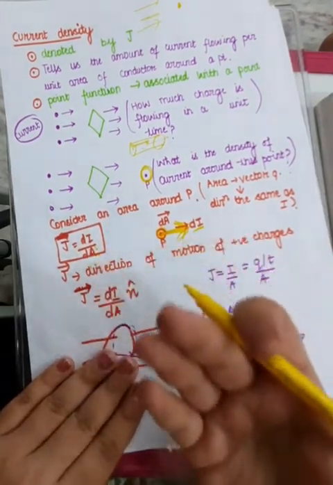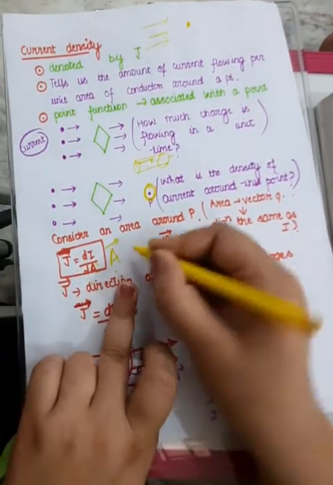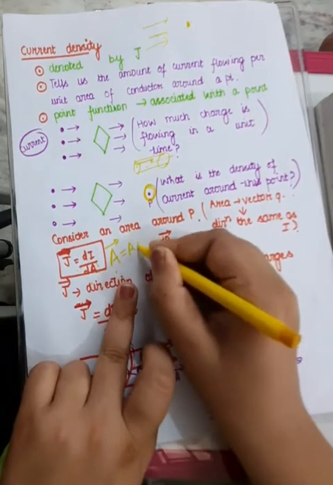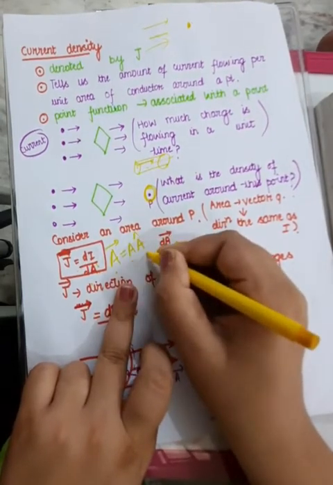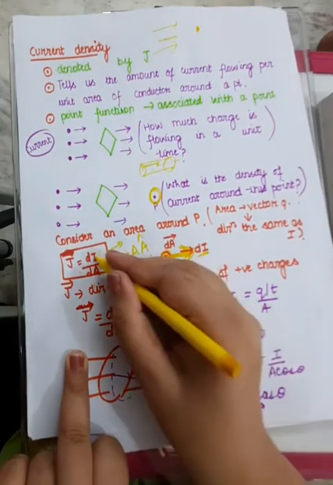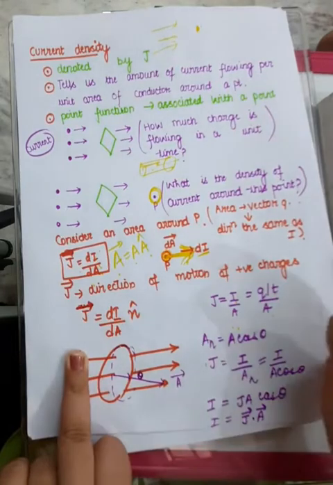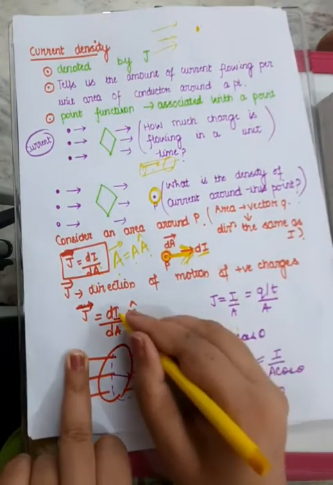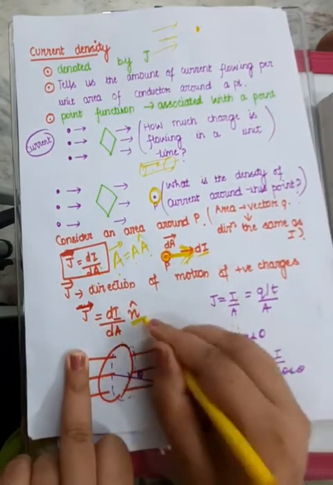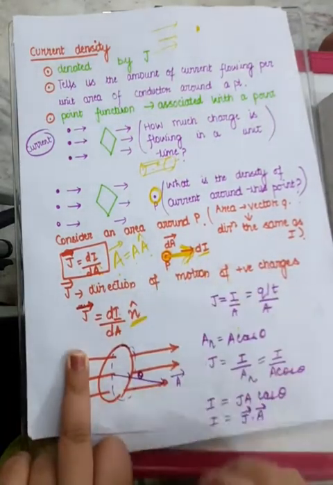So we'll be writing direction also. We know that every vector, A vector, is written as magnitude into direction, A cap. So similarly, J vector will be written as magnitude, which is equal to di by dA, in case the current is not uniformly flowing, times n cap, the direction of the outward drawn normal from that area.